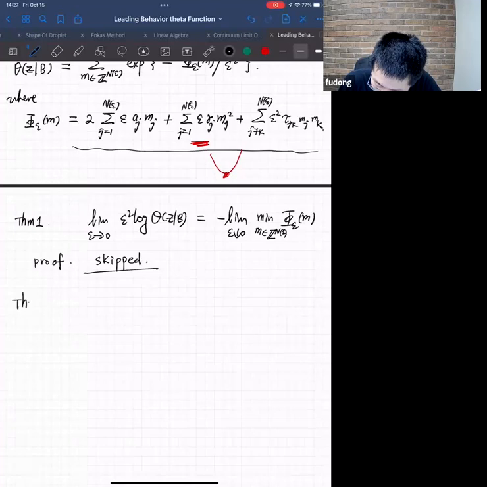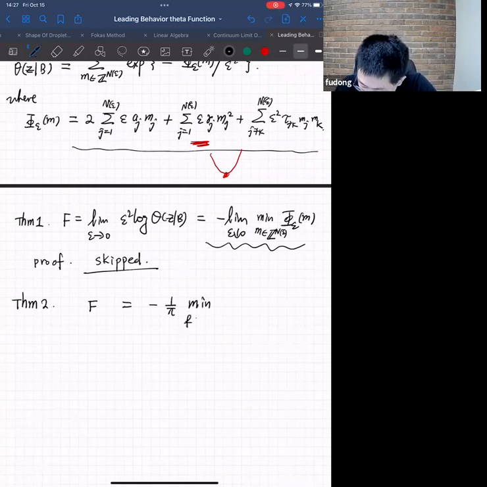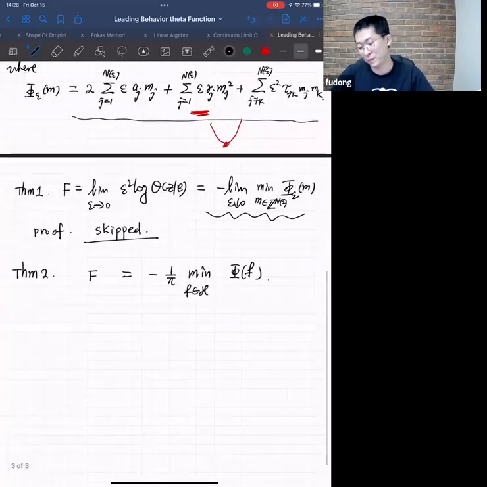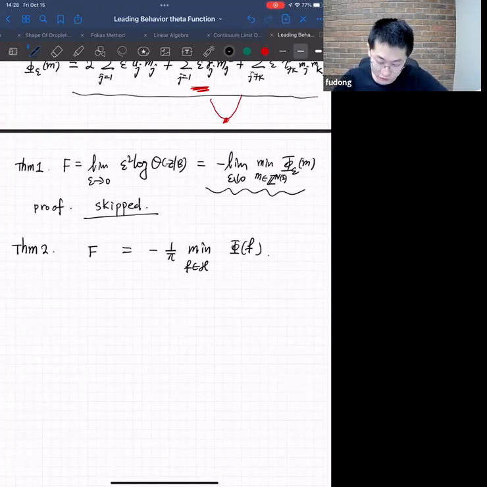So theorem 2. Let's denote this limit f. So f, we can actually compute this limit as follows: 1 over pi times the minimum of f in H of phi of f. Now it becomes a minimizing problem for a continuous version.